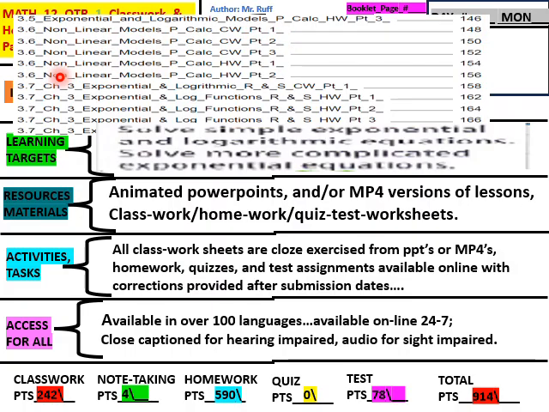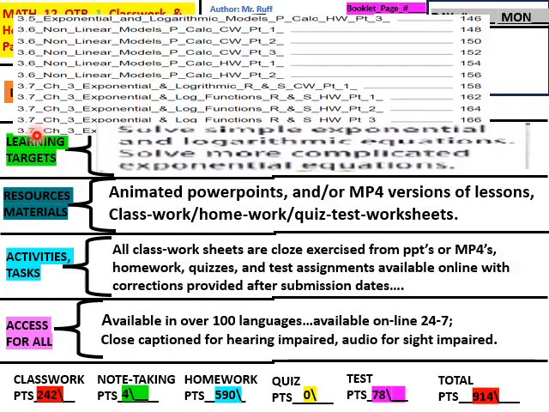And then 3.6 nonlinear models, homework part 1 and 2. And then we go into our chapter 3 exponential and logarithmic review and summary, classwork part 1. And then chapter 3 exponential and log functions, review and summary, homework part 1, 2, and 3.